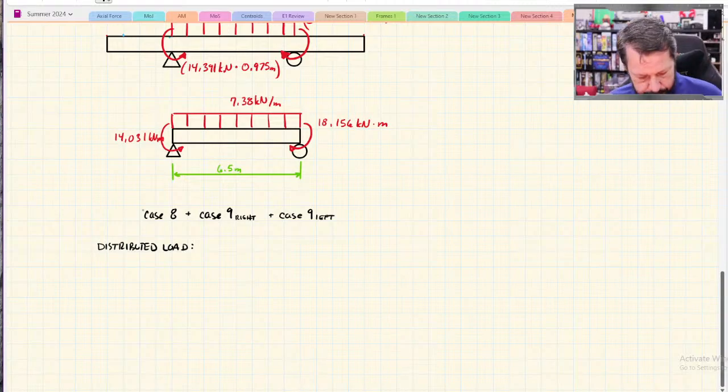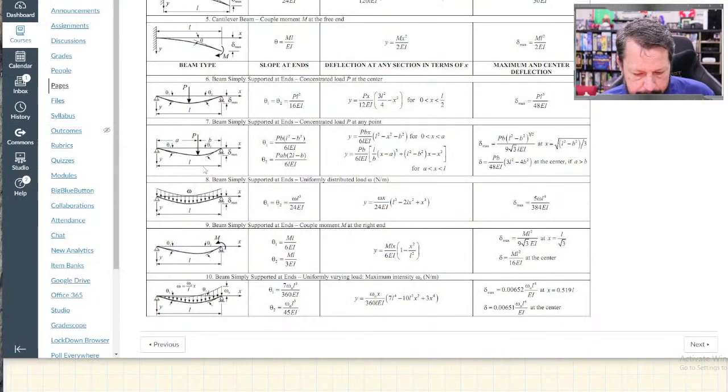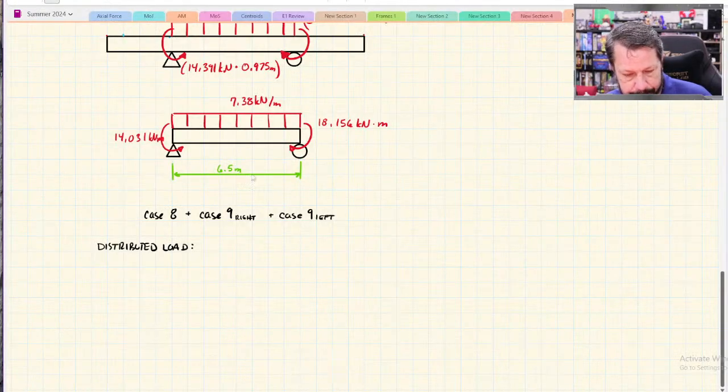Now I've got 3 different equations here. The one in the second column is the slope. I don't need that. I want deflection. So I've got this middle equation, the equation of the elastic curve, which I could use and set x equal to half of the 6.5 meters.